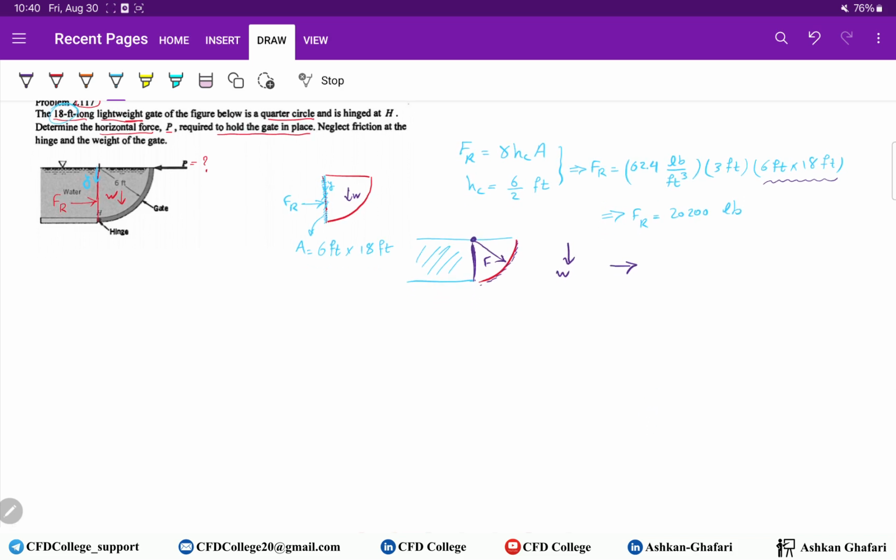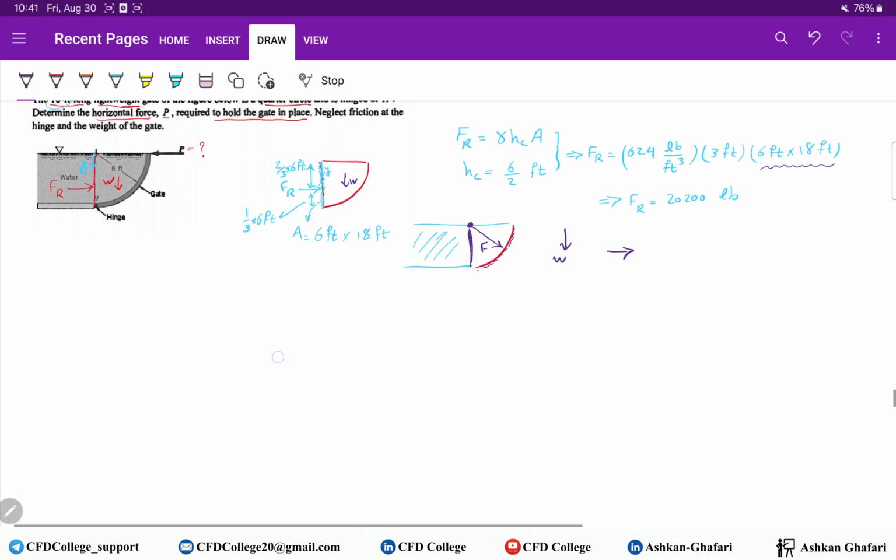So this is Fr, and as you know, this distance is 2/3 from the top, so 2/3 times 6 feet, and this distance is 1/3 from the top times 6 feet. Okay, now let's deal with the W.